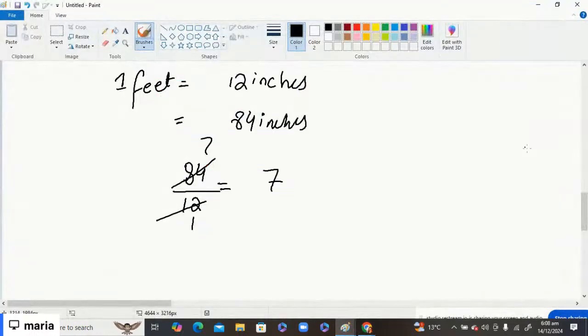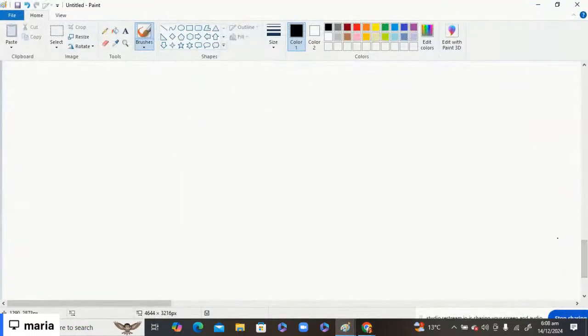Now here it's the gallon and the pints. Let me just write it. 1 gallon is equal to how many pints? 8.